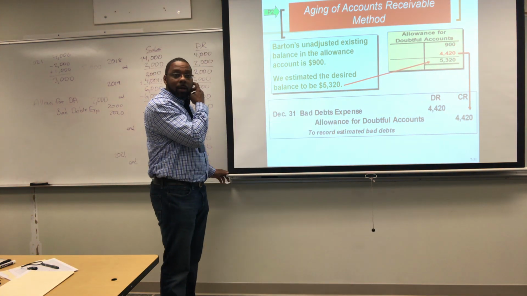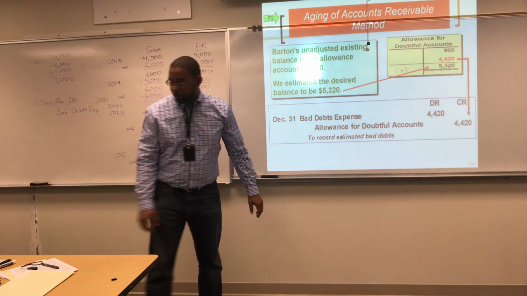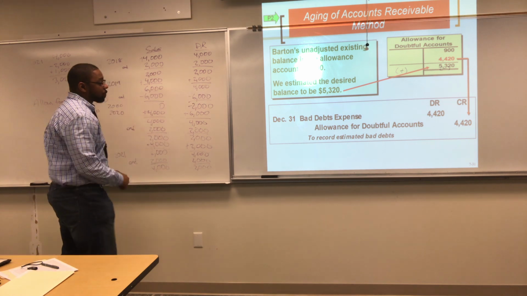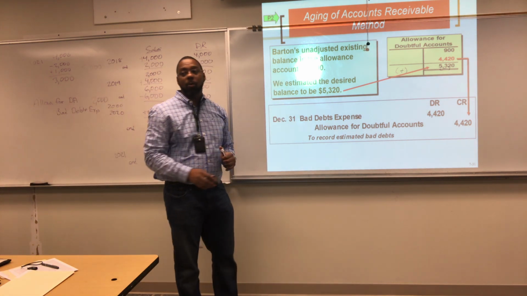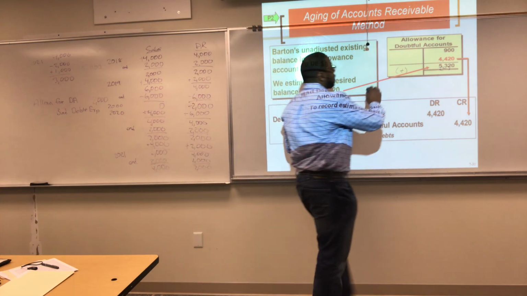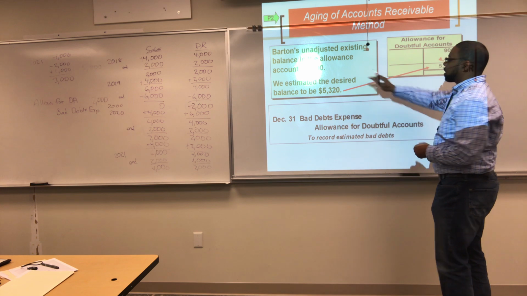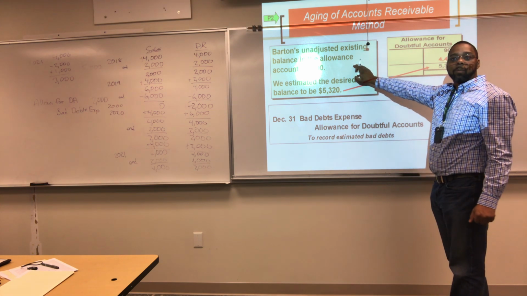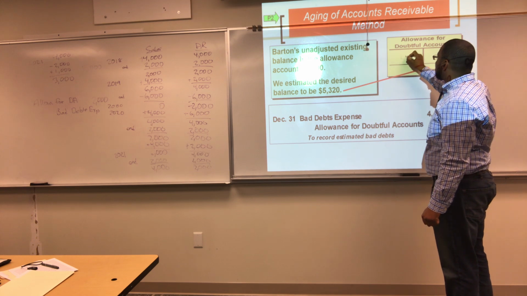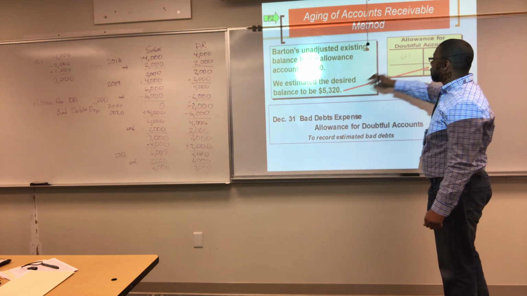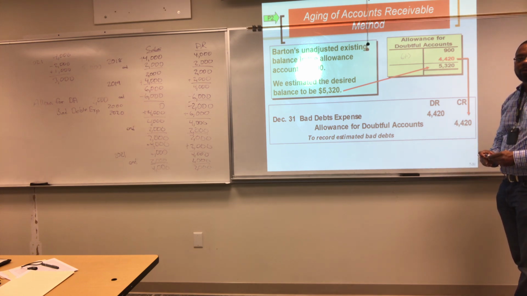Let me give you guys a shortcut when it comes to the allowance accounts receivable method. If the balance is a debit before you get to your desired amount, you need to add it to your desired amount to get your journal transaction.